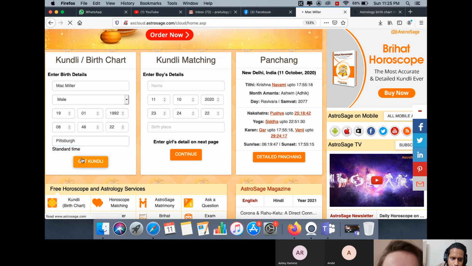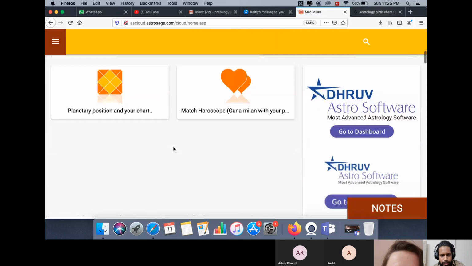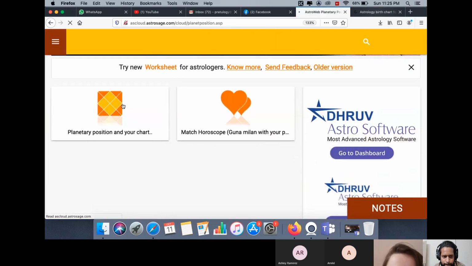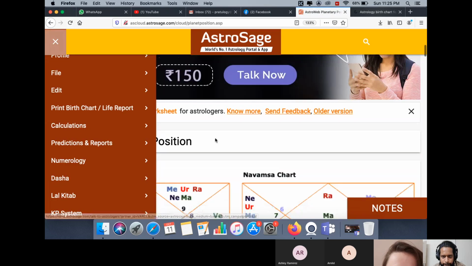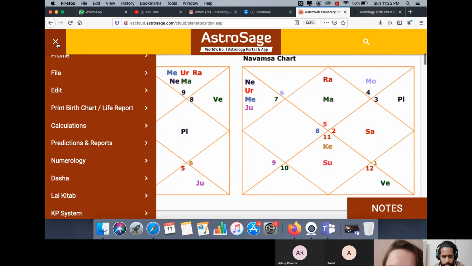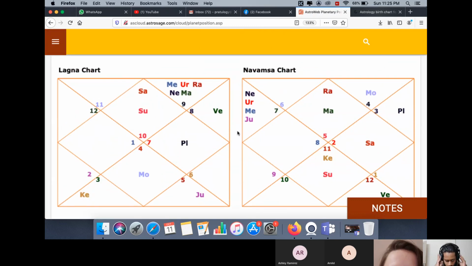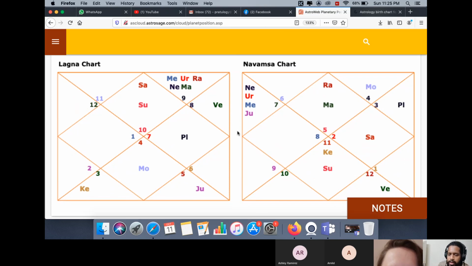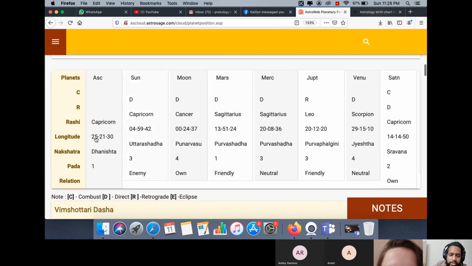Let's get his chart. So if you can see his chart, what ascendant does he have? Capricorn. Okay, so let's go to his nakshatra.